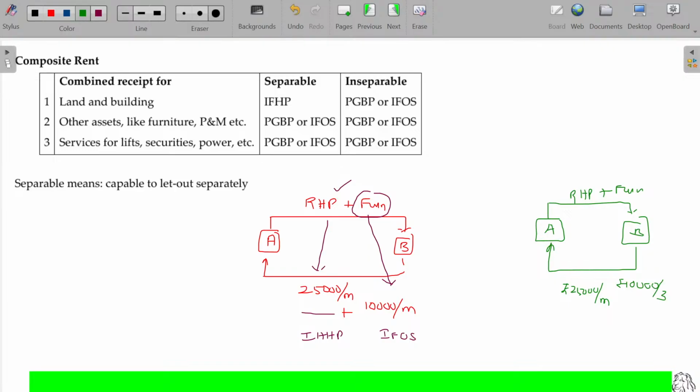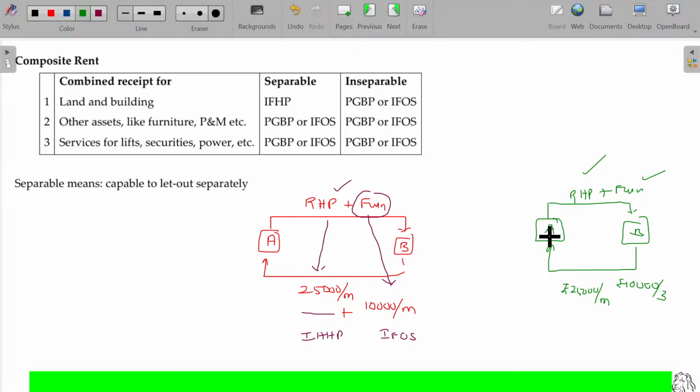Now, A is not only letting out the house property as his regular business, he has the furniture and other things also let out as his business. You might have seen that for functions and marriages, for emergencies, air coolers and blowers may be taken on rental.